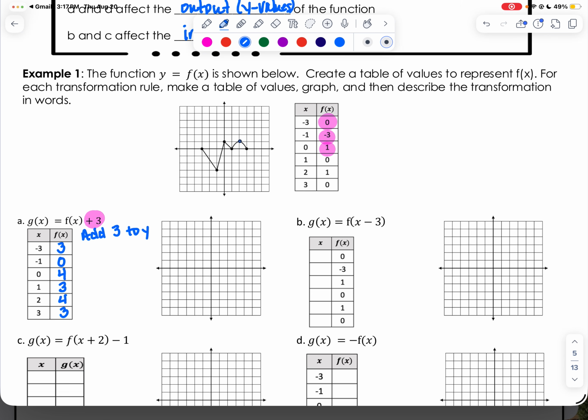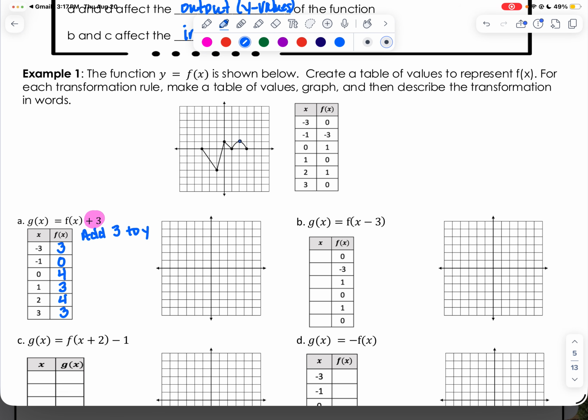Now, what we're going to do now is plot these. Let me erase all these here. Okay, so what I want to do now is plot the transformation f of x plus 3, and then we'll compare it to our original function.